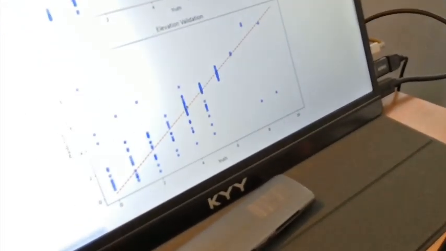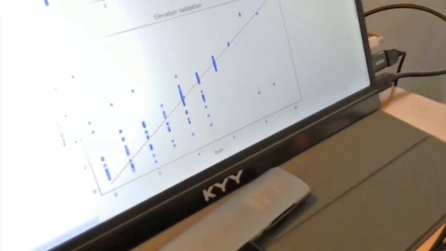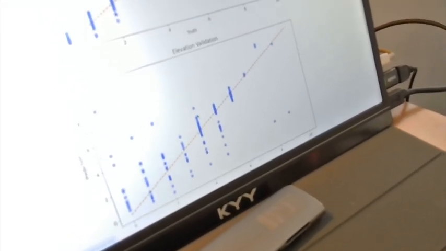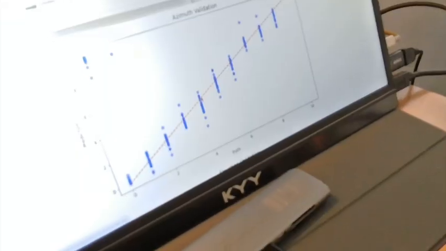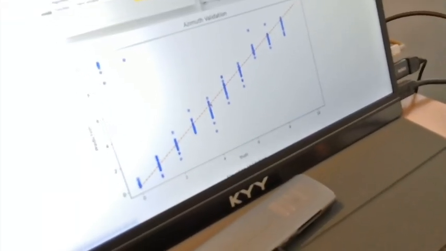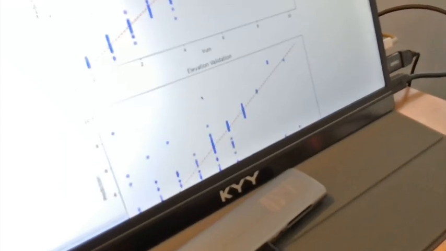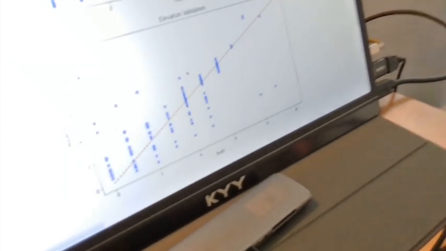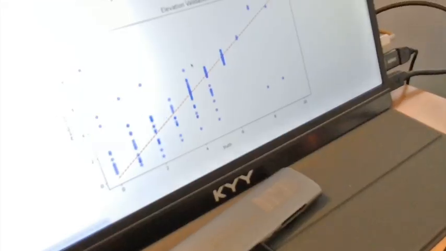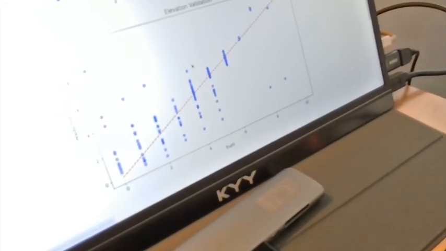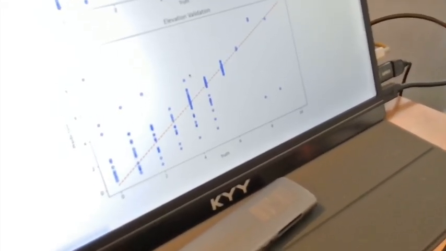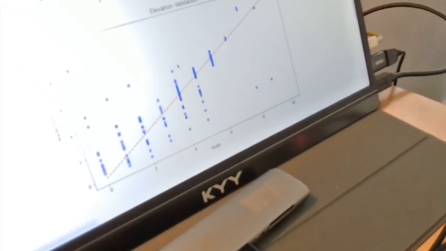We always knew from the beginning that elevation is harder to determine. Azimuthal can just be the interaural time difference or interaural level difference, but elevation requires a lot more analysis of the frequency spectrum to determine the pinna cues.